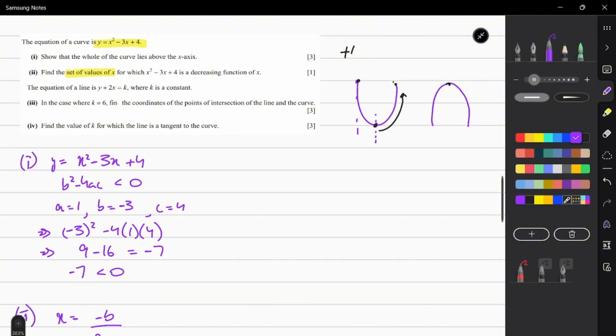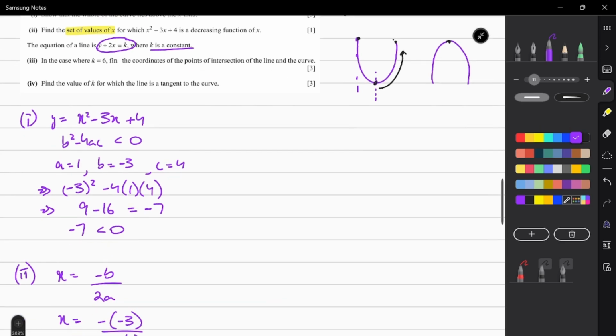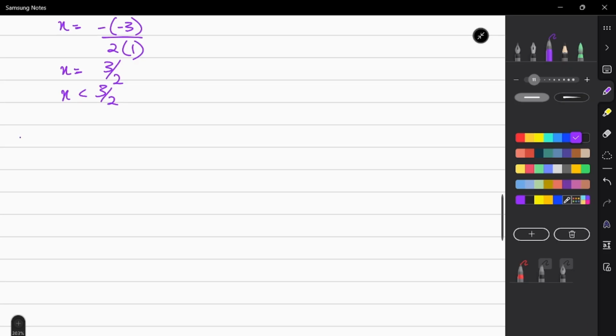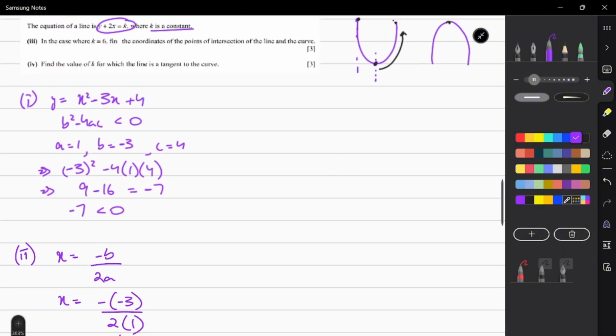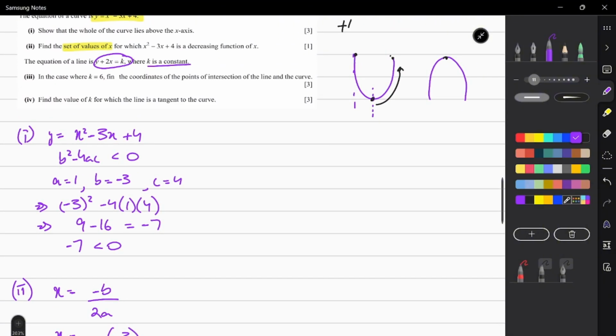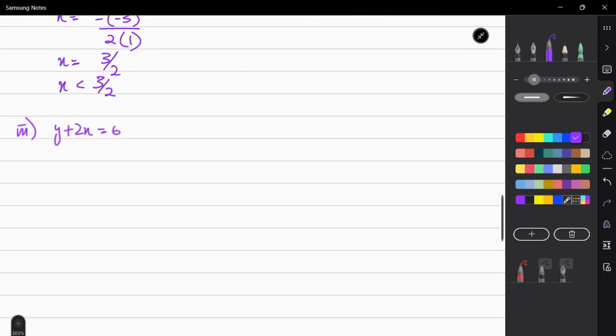The equation of a line is this, where k is a constant. In the case where k is equal to 6, find the coordinates of the points of intersection of the line and the curve. Okay, so y plus 2x equals 6 is the equation of the line, and this is intersecting with the curve, which was y equals x squared minus 3x plus 4.